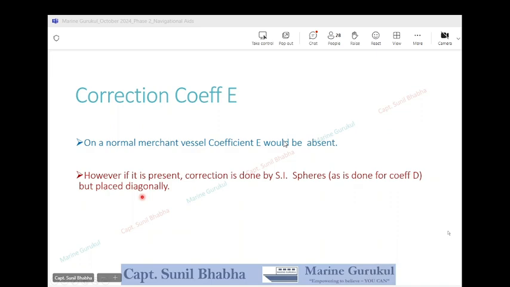The beam in that case was lying in the athwartship orientation, so the soft iron correctors were also placed in the athwartship direction. In case of coefficient epsilon, the structure is at a 45-degree angle, so that's why the correctors are also placed at a 45-degree angle to the fore and aft line.